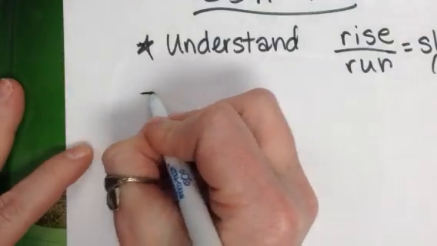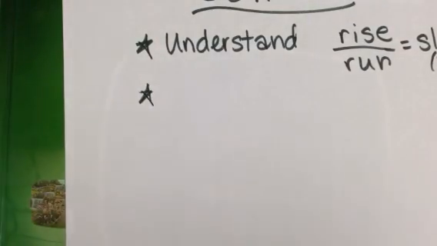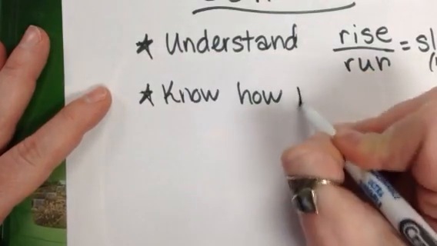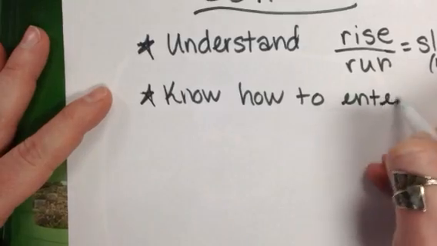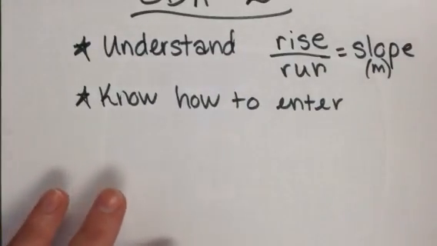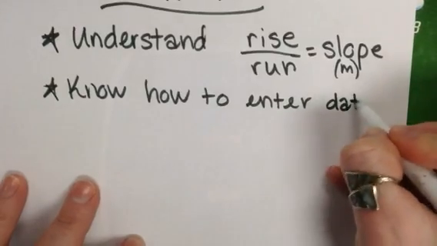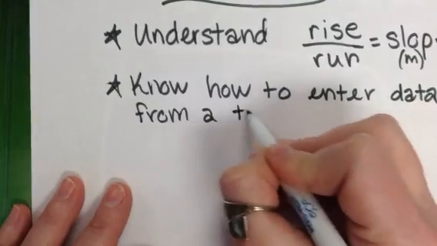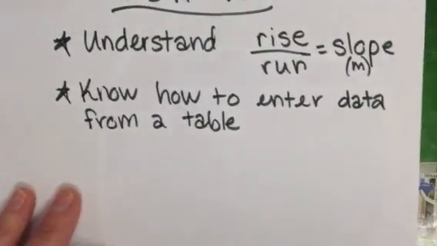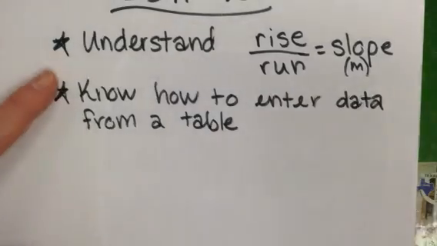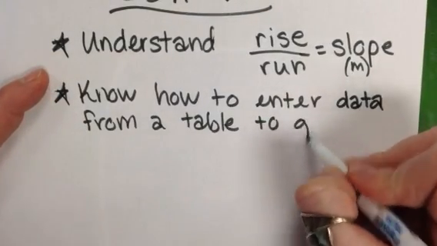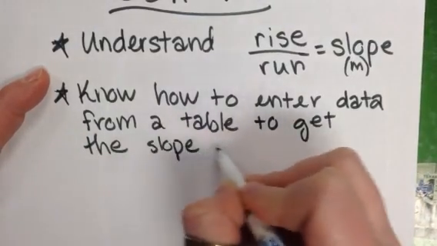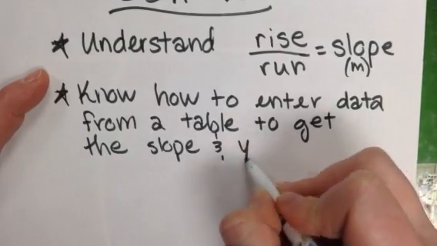Another thing that you want to know before taking your CBA is how to enter data from a table to get the slope and the y-intercept.